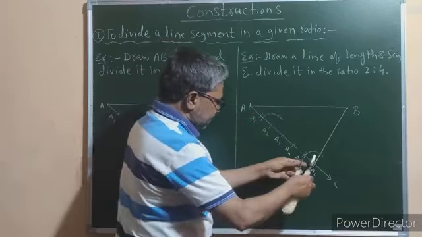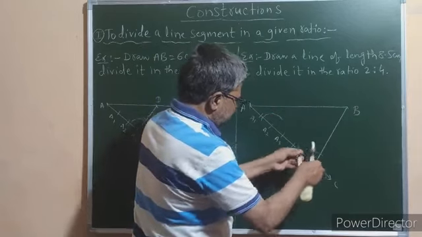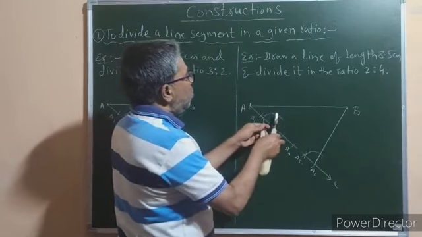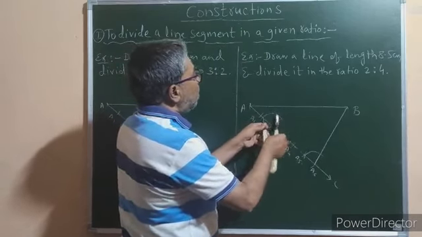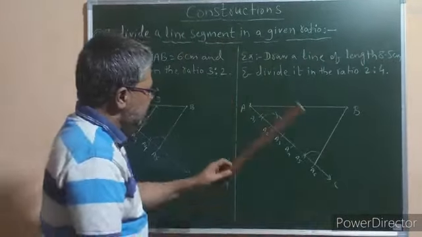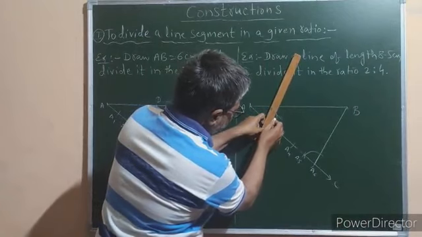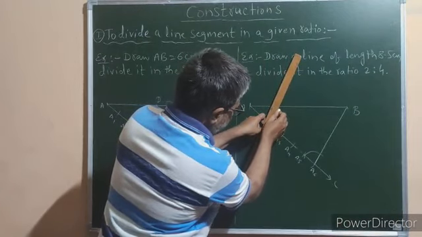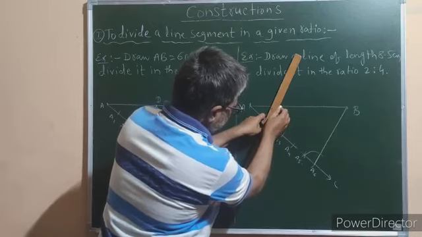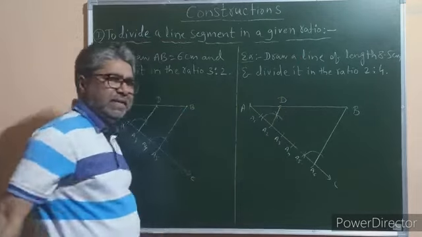Okay, and take the distance between these 2 points, and with the same distance, by assuming this point as center, you have to cut the previously drawn arc by means of another arc. Now you join A2 and that point by means of a straight line, and let this line segment meet AB at one point and call that point D.